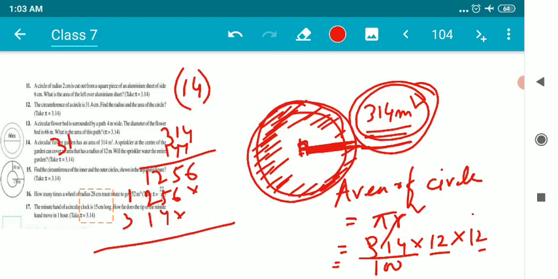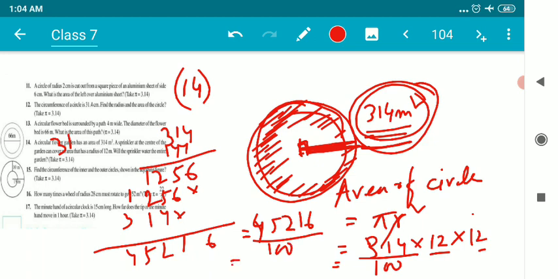Now just by adding this, let's see how much comes. It comes 45216. Divide it by 100. So naturally it would be 452.16 meters square of area that can be covered by the sprinkler.